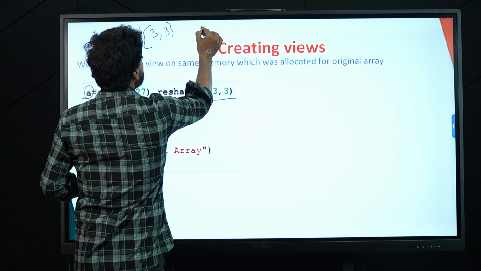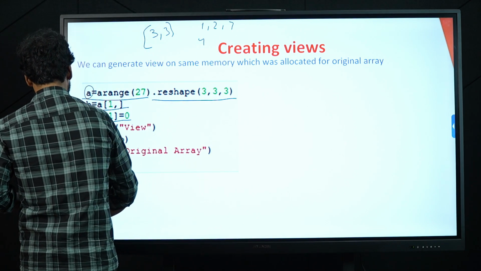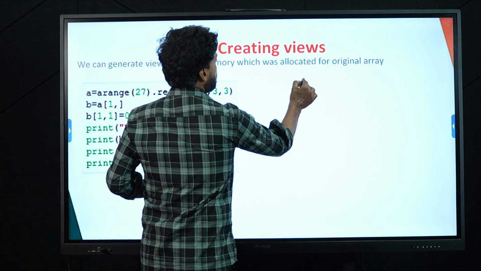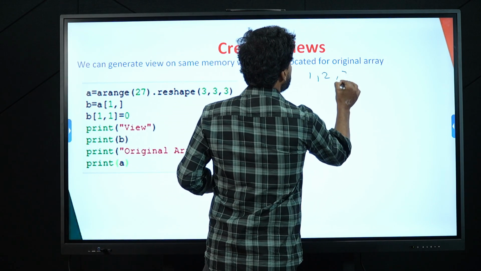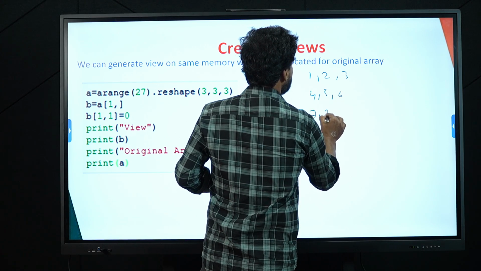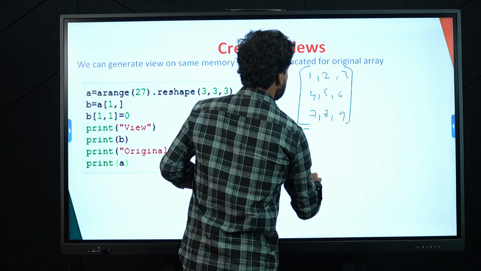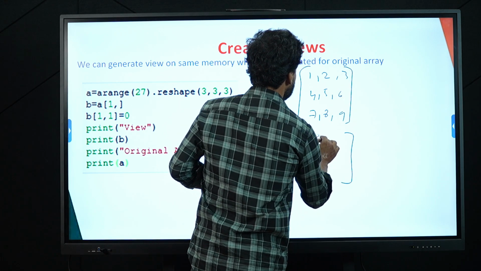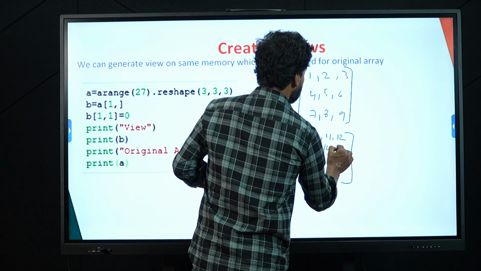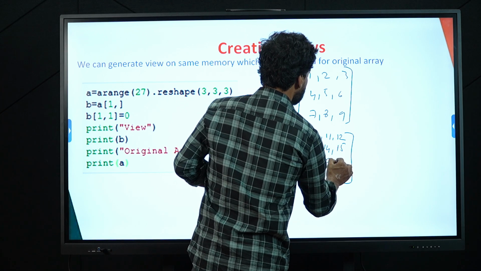So this is, let us say, 3 rows, 1, 2, 3. Yeah, total array is 1, 2, 3, 4, 5, 6, 7, 8, 9, 10, 11, 12, 13, 14, 15, 16, 17, 18.